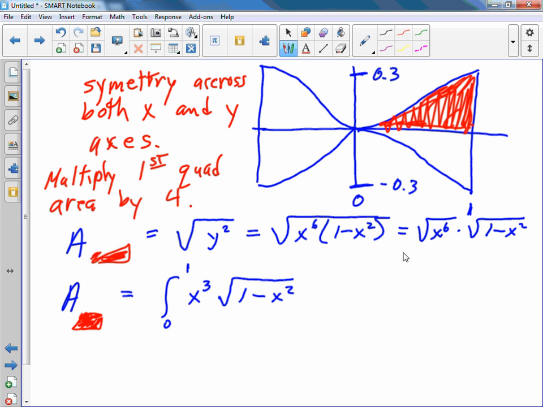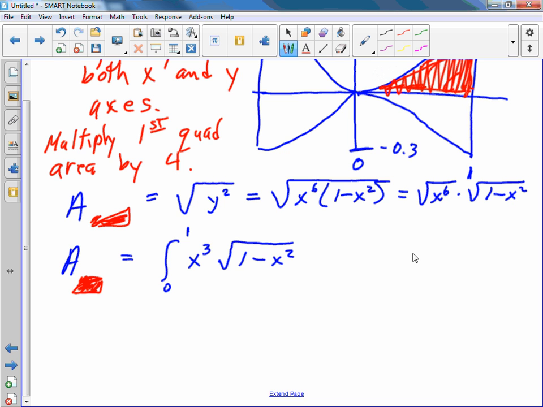But I wanted you to do a trig substitution, and so I said, you may find the substitution x equals sine theta helpful. I didn't say you had to, but I was hoping you would. So, trig substitution. How are we doing on a regular schedule, right? So we're good? Trig substitution.